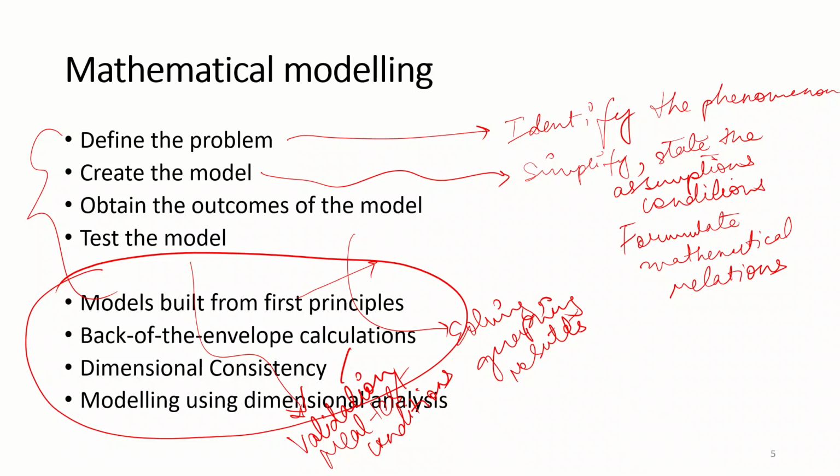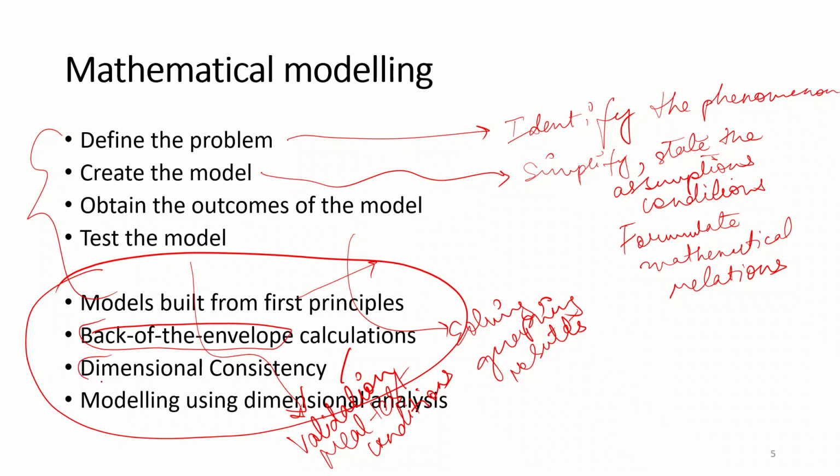Then we have back of the envelope calculations. As the name suggests, back of the envelope means just a rough approximation, getting an idea of it. That's where this phrase originated, a rough calculation to get approximations, and then a scientist knows a ballpark figure for that experiment.